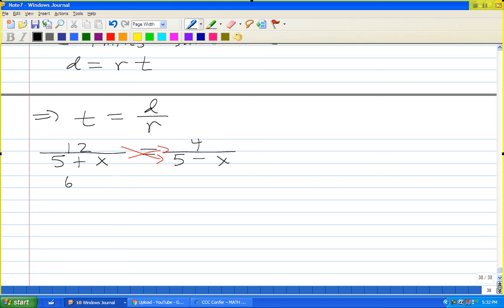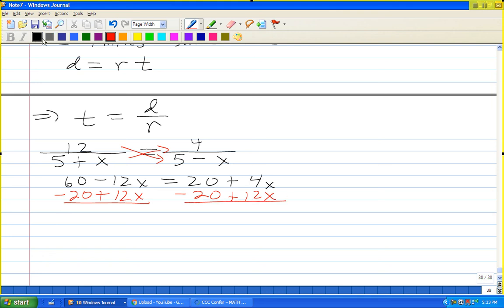So 60 minus 12X is equal to 20 plus 4X. Cross multiplying. Add 12X. Subtract 20 from both sides of your equation. And so 40 is equal to 16X. So divide both sides of your equation by 16.